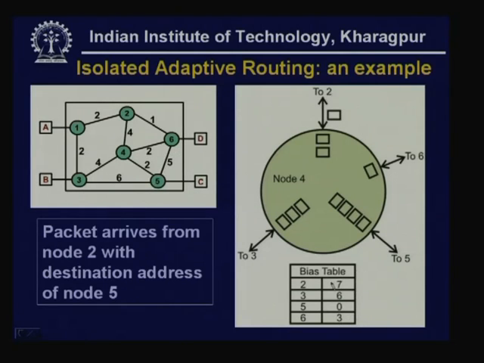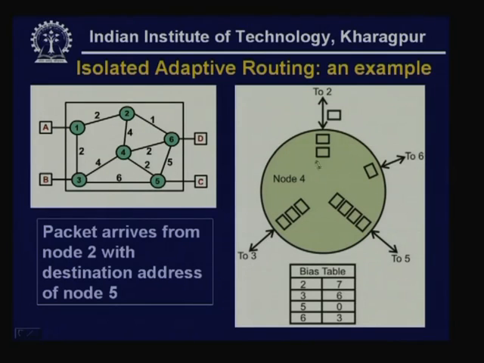So, if you add, from 2 plus 7 it is 9, 1 plus 6 it is 7, 0 plus 4 it is 4, and 3 plus 3 it is 6. So, it is directly delivered to 5, because although 4 packets are there, because of the 0 bias it is directly forwarded to 5.